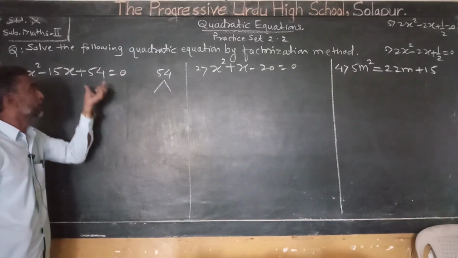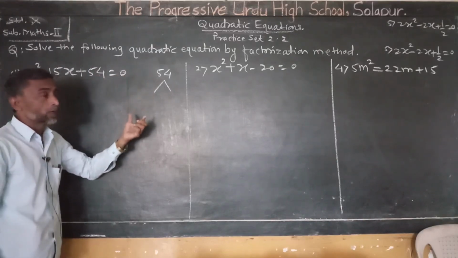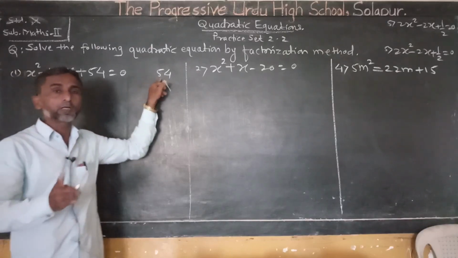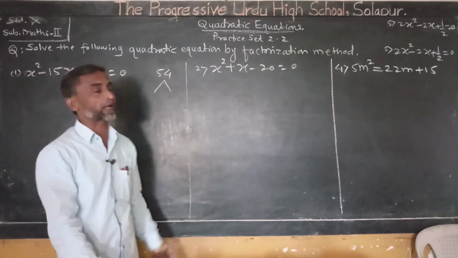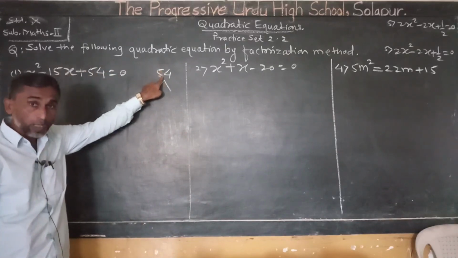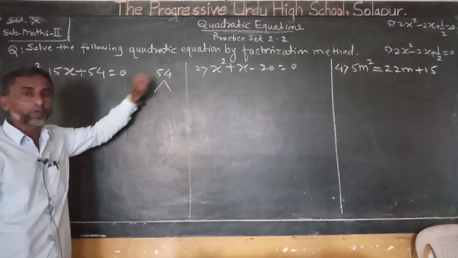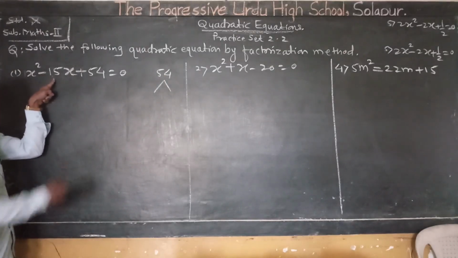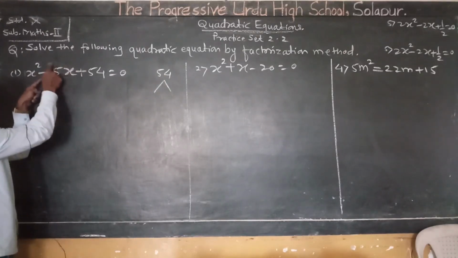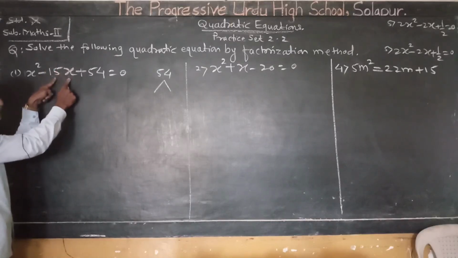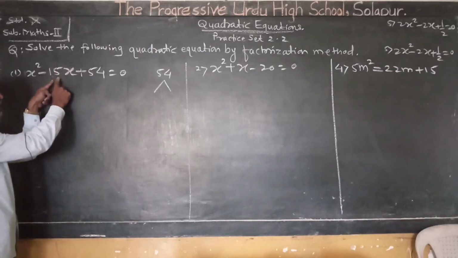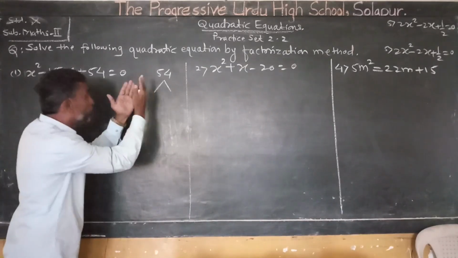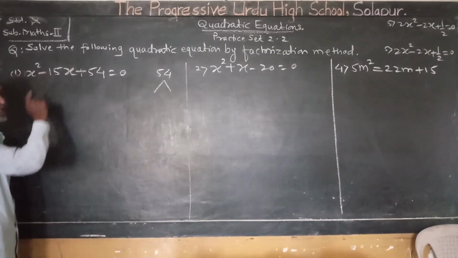Or directly you can take the constant term and make factors of 54 such that the multiplication of the two factors is 54 and the sum of the two factors is equal to the coefficient of the middle term. This is the linear term, and this is the linear coefficient. So the addition of these two factors should be minus 15.